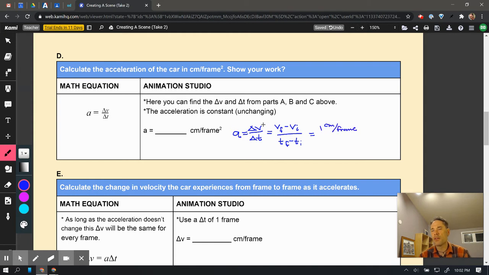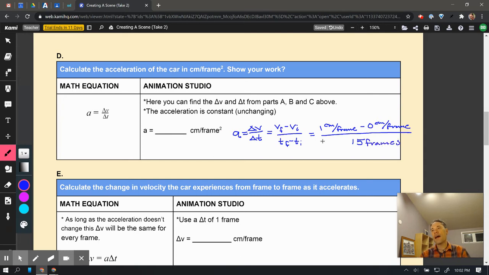Again, I'm talking about this in terms of stop motion animation. So I'm going to subtract my starting velocity, which is 0 centimeters per frame, and then divide that whole thing by the amount of time that passes, where t initial is 0 and t final is a total of 15 frames, which is what we found earlier.